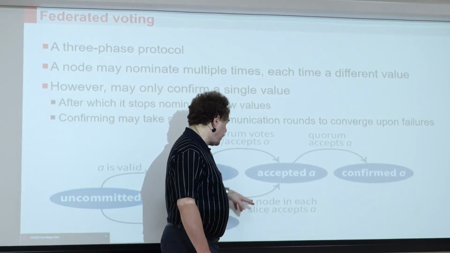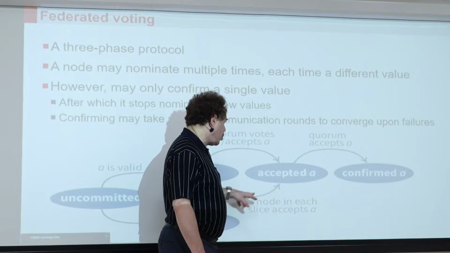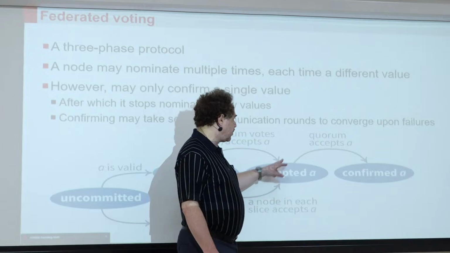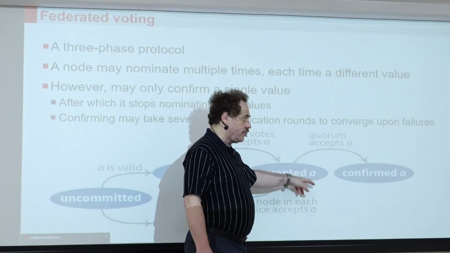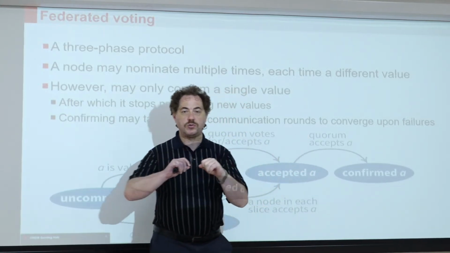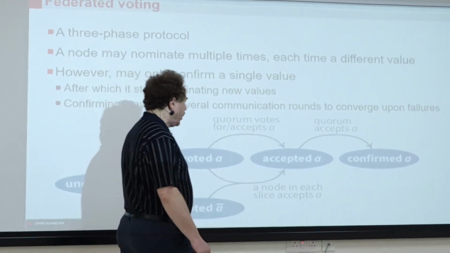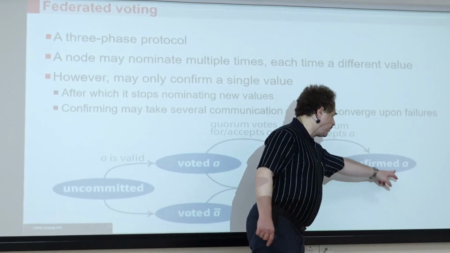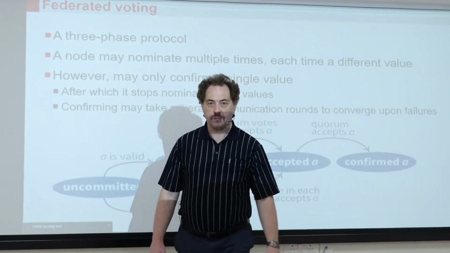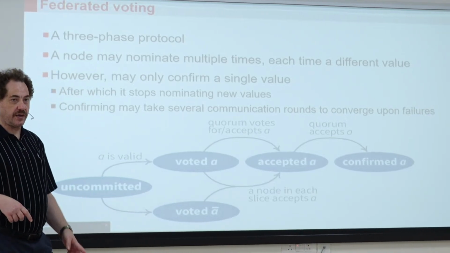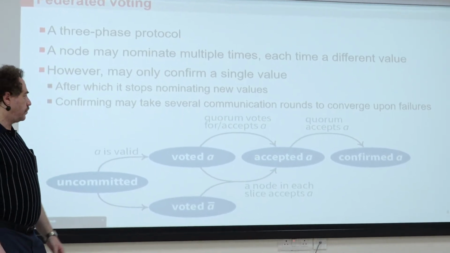And at this point, a node can detect that there is a quorum which accepts this value. As soon as a node learns that there is a quorum which has accepted the value, at this point it would confirm. And then it can proceed with the next instance of consensus.